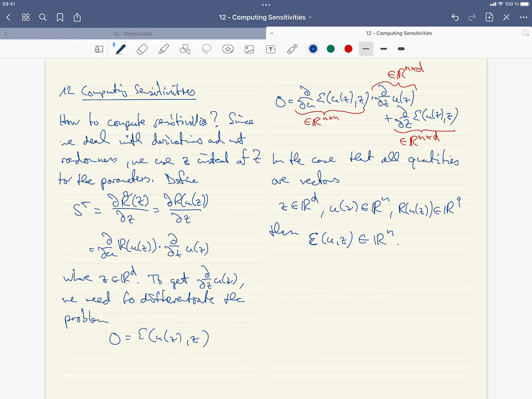That implies that, or well, that's kind of equivalent from the implicit function theorem under the conditions stated there, that the Jacobian is invertible. So we assume that e of u and z equals 0 is uniquely solvable for u.